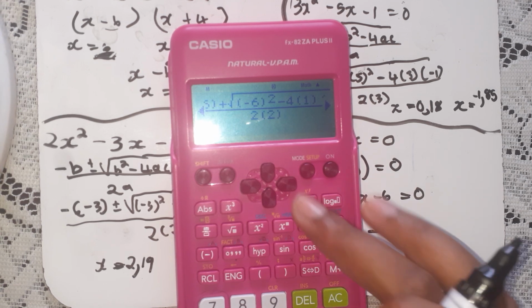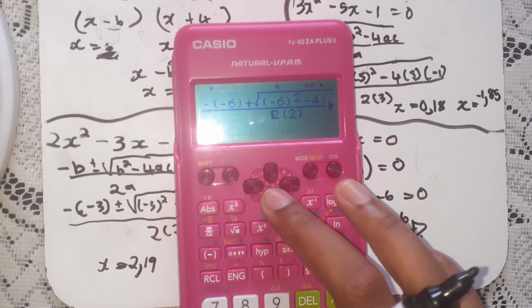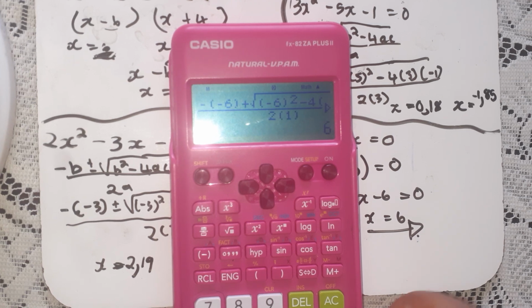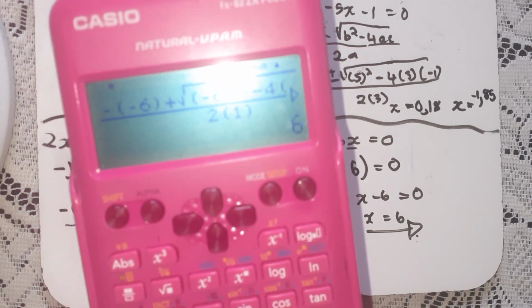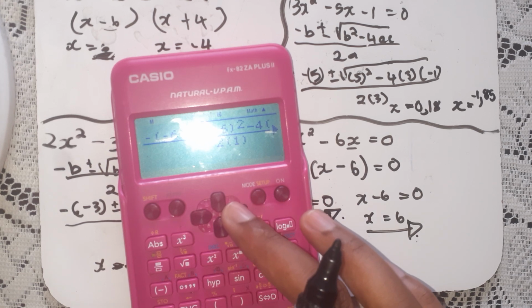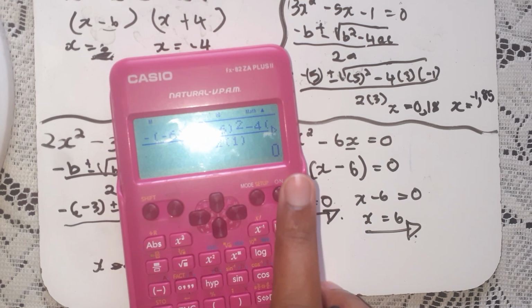This a is 1 and the c is 0. We don't have any c. So you see x equals to positive 6, and when we put on a minus, x equals to 0.